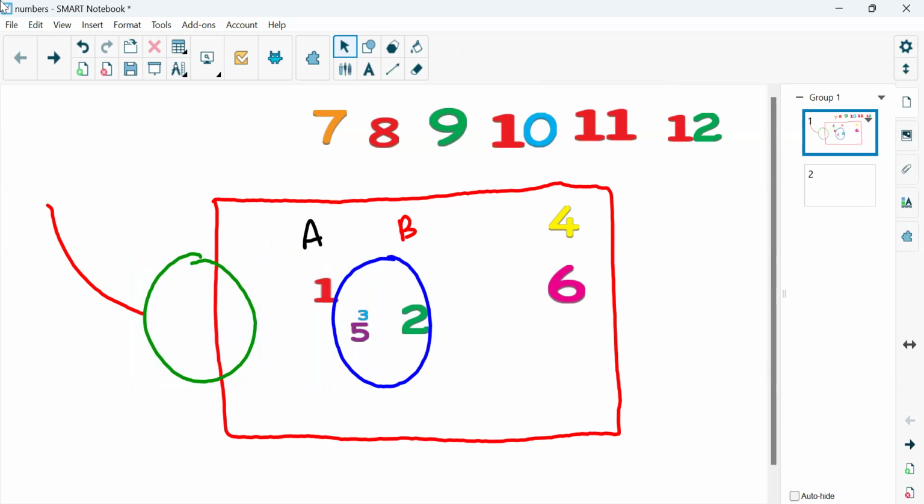Your prime numbers, it's 3, it's 5, and then it's 2. And you see with all of them, they're inside that circle. Do you see what's happening here? But if I take this one back, then I have A, which represents the odd. And what are the odd? The odd is 1, it's 3, it's 5. I have B, which represents the prime. And then we have 4 and 6, which are not participating.